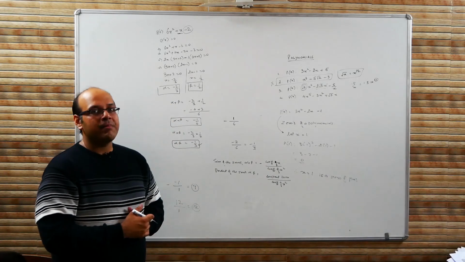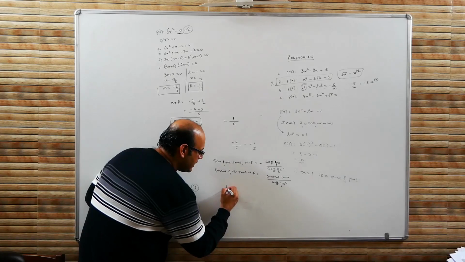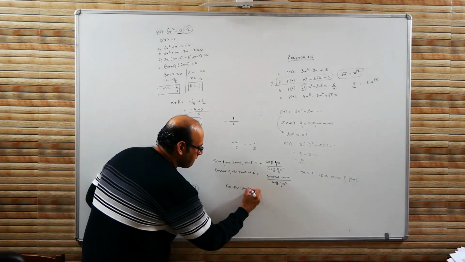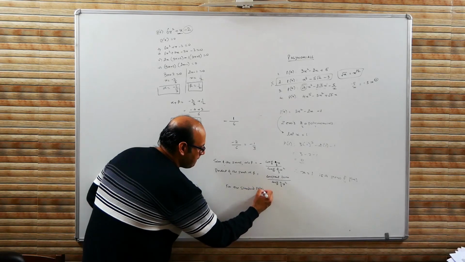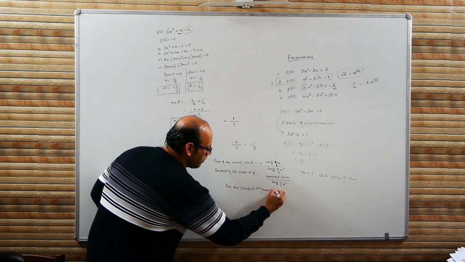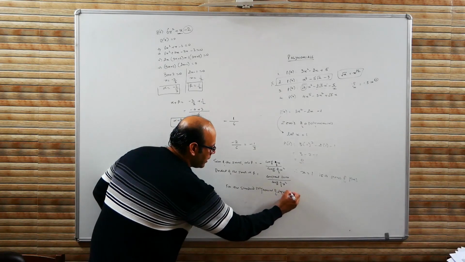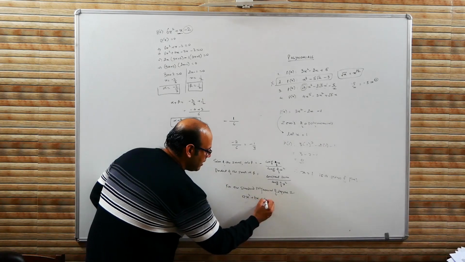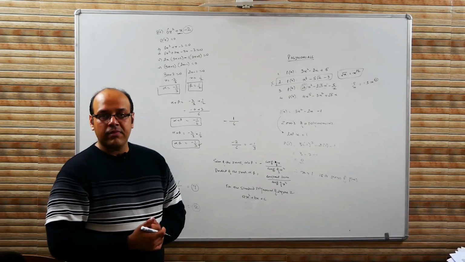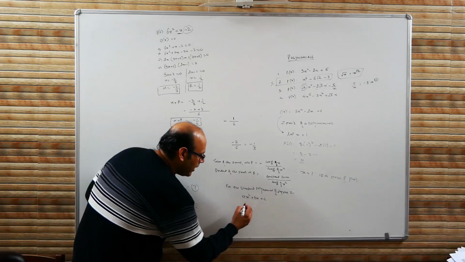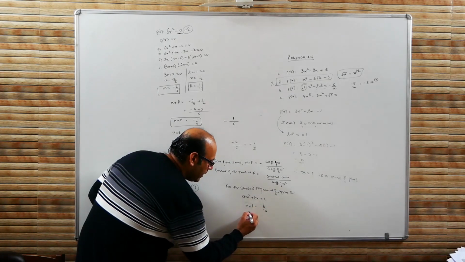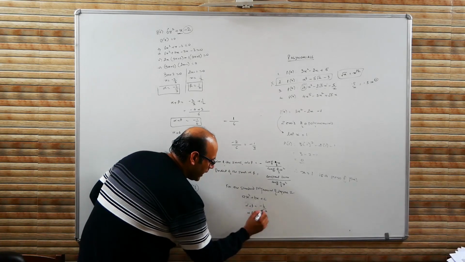And to make it easier to remember, if I take the standard form of a polynomial of degree 2, which is ax square plus bx plus c, where a, b and c are real numbers, then I have the sum of the zeros to be negative of b upon a and the product of the zeros to be equal to c upon a.